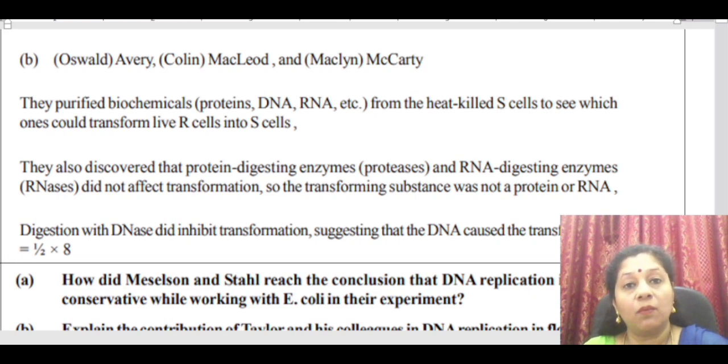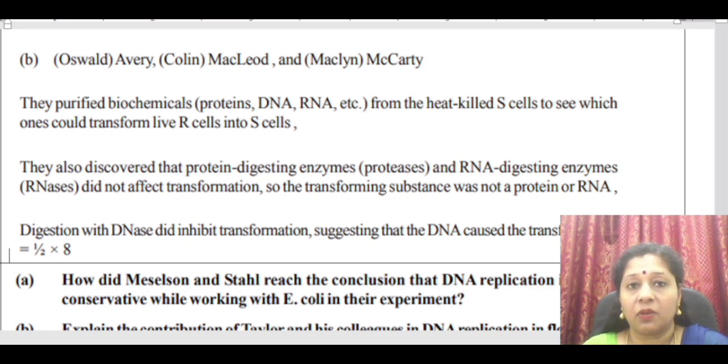Then this experiment was continued by 3 other scientists, Oswald Avery, MacLeod and McCarty. They purified biochemicals like proteins, DNA, RNA from heat-killed S cells to see which one could transform live R cells into S cells. One by one they isolated and introduced them into the bacterium. They also added protein digesting enzymes like proteases or RNA digesting enzymes like RNases.